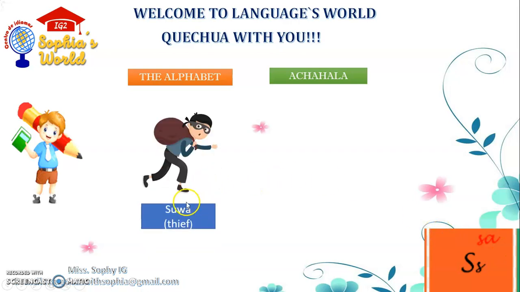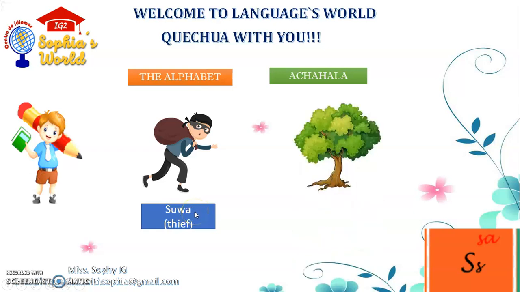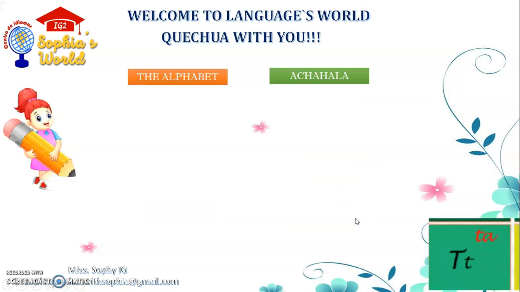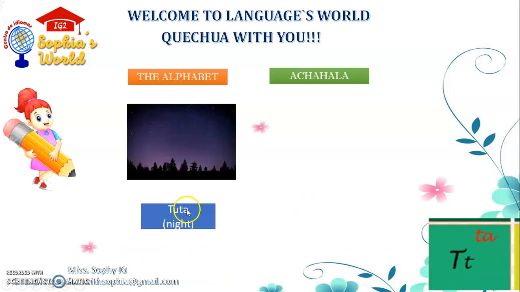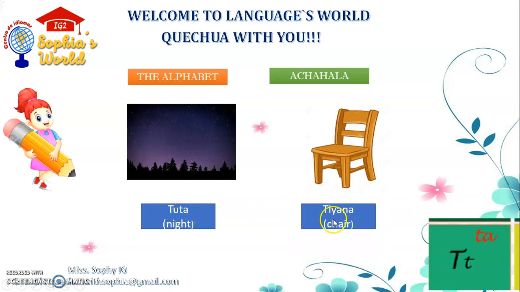We have the first Sua, and the next Sacha. The next one, Ta. We have, for example, Tuta, and we have Diana.